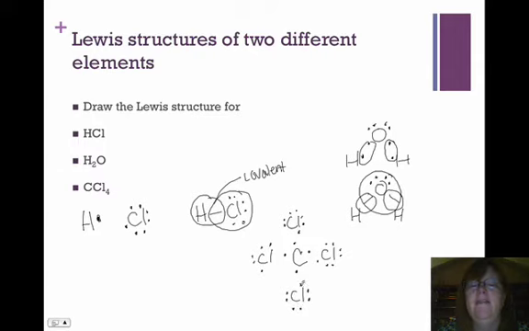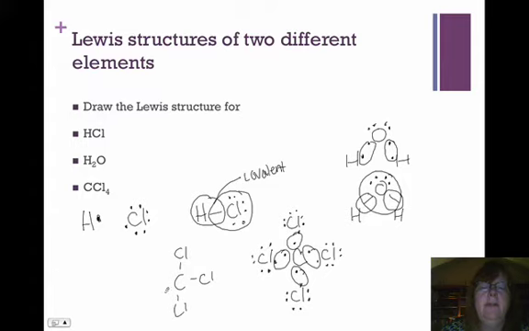is going to have 4 covalent bonds, and that's exactly right. So here's one, here's another, here's another, and here's another. Chlorine with its 7 valence electrons is going to share 1 of them with carbon, and so we wind up with carbon tetrachloride looking like this.